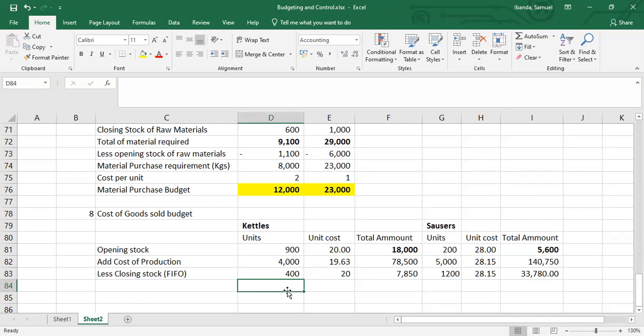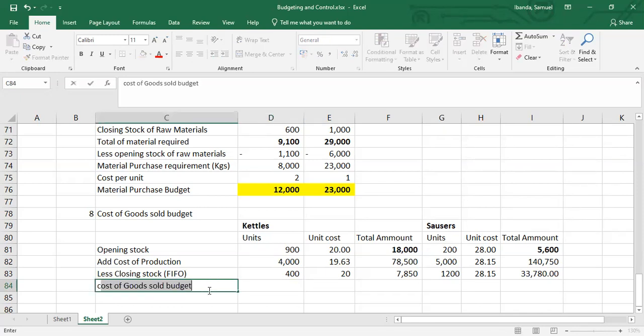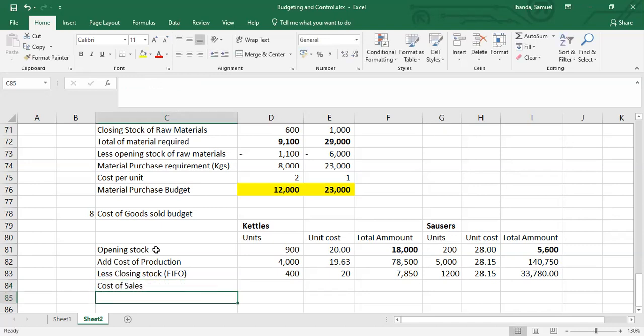So given that information, once I do have that, what I'll now proceed to do is determine my cost of sales. Remember, my cost of sales is opening stock plus cost of production less closing stock.